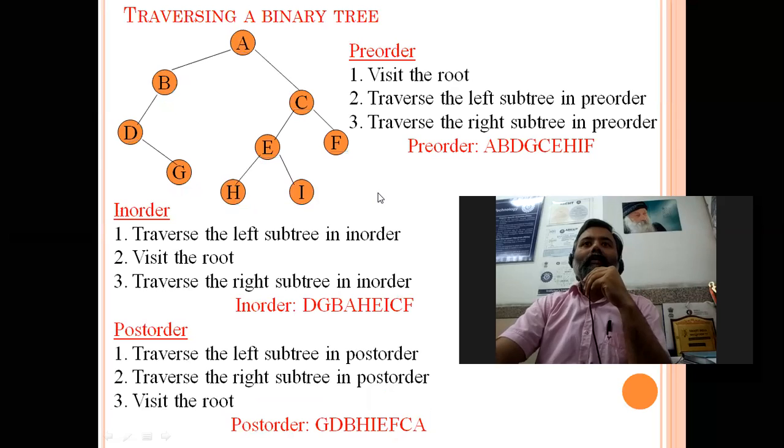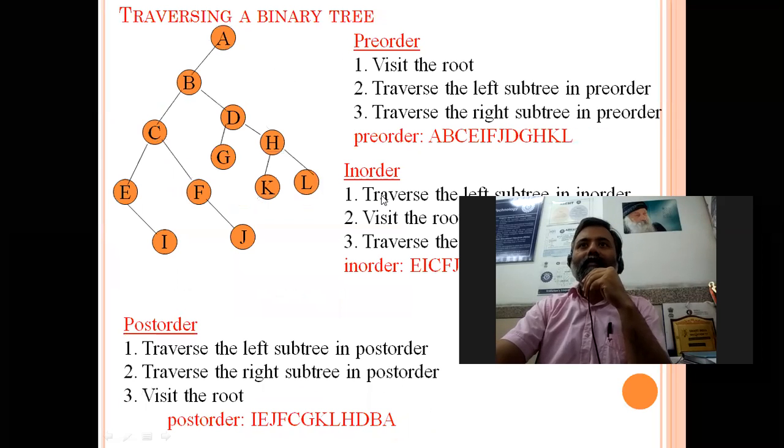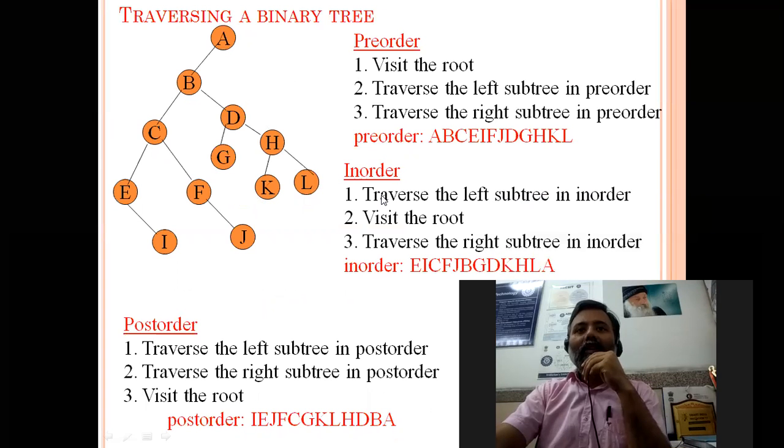Now, it is another example. So I am leaving this. You can check out again, and this is the traversing which have been given of in order traversing and pre-order traversing and post-order traversing. So you can do this and verify the result.